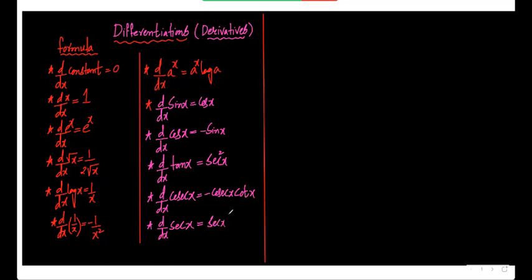Secant is the full form. Then the last one, d by dx of cot x, is minus cosecant square of x. This is about trigonometric.